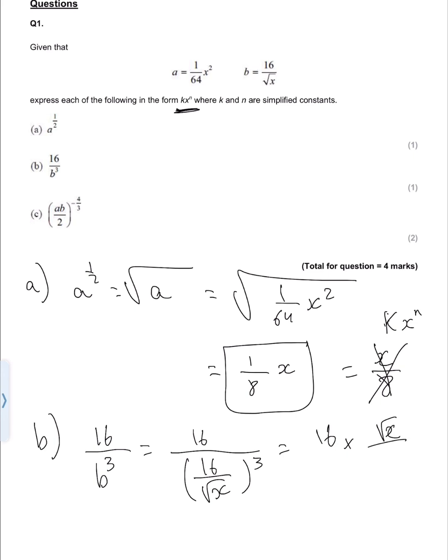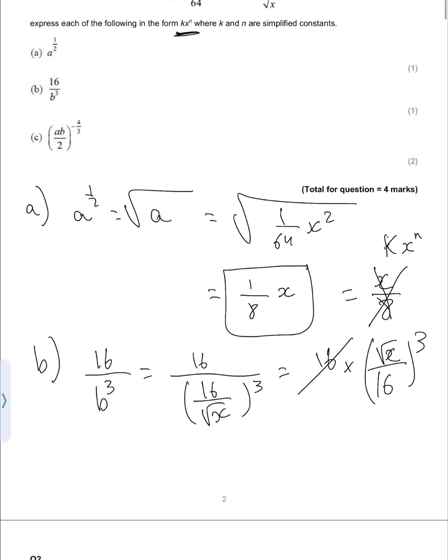So root x over 16, to the power 3, and then cancel by 16, you get x to the power 3 over 2 over 16 squared, because here we had 16 cubed. So if we cancel by 16, we get 16 squared. So it's 1 over 16 squared, x to the power 3 over 2.